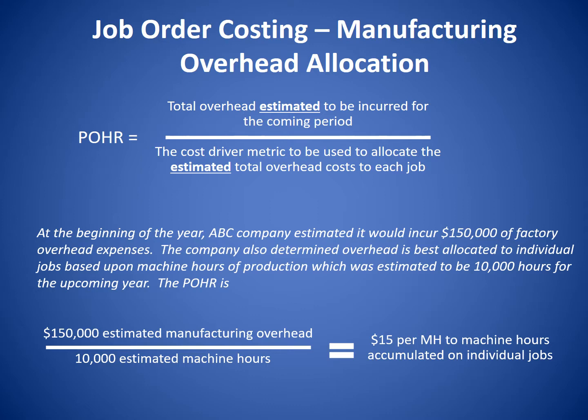So every time a job incurs a machine hour, it's going to be charged as part of overhead allocation $15. If I incur 8 machine hours, that particular job is going to be charged with $120 worth of overhead allocation.